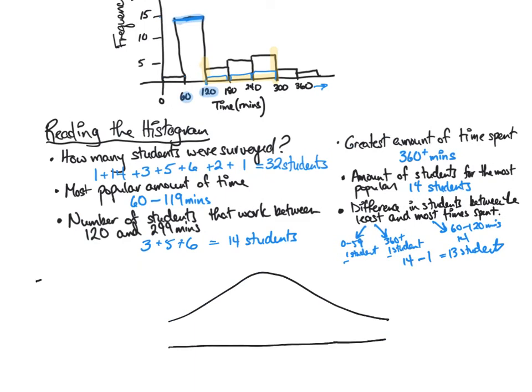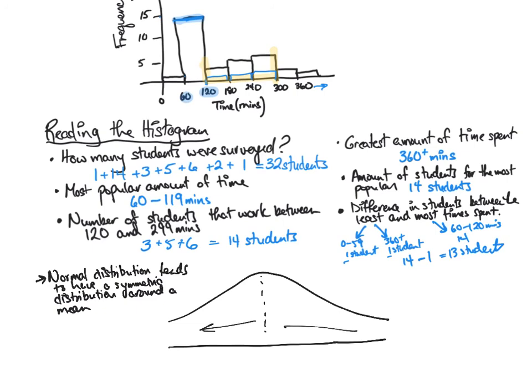One last thing, a normal distribution, and you talk about this a lot in statistics, tends to have a symmetric distribution around a mean, and a mean is just another word for average. So basically it looks like this. Here's what the most people have, and it slopes equally on both sides.